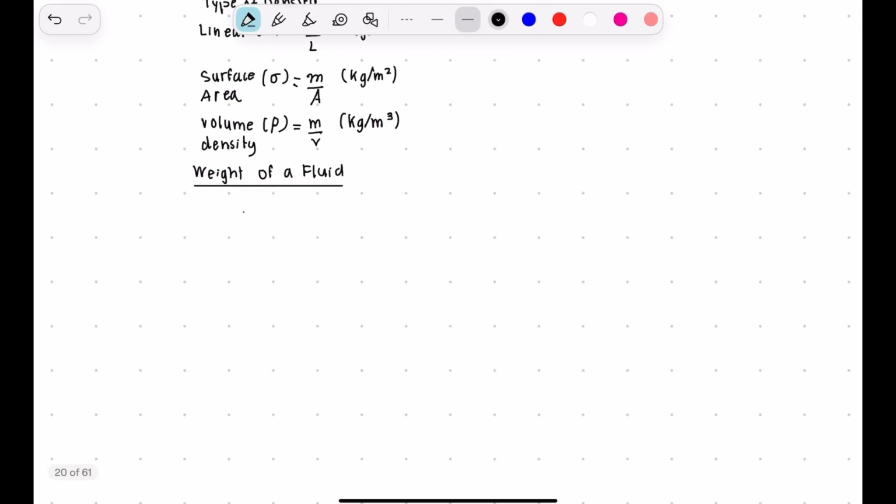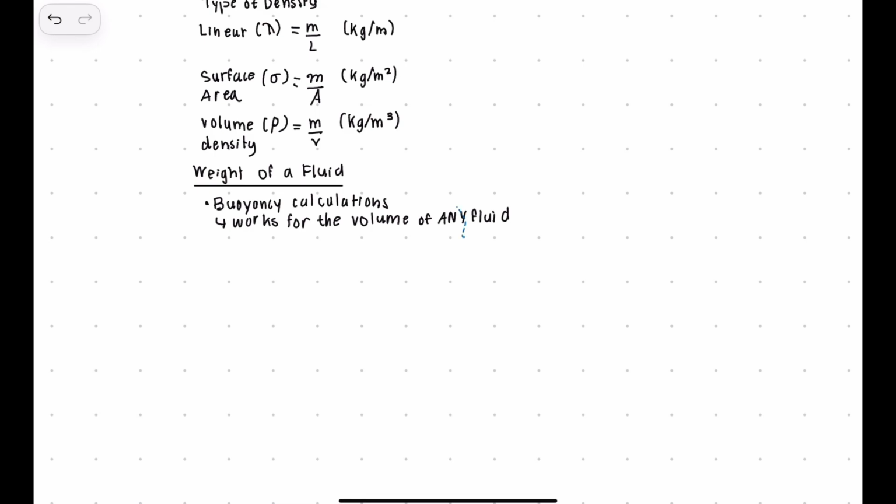This equation is often used in buoyancy calculations, and it works for any volume of fluid.